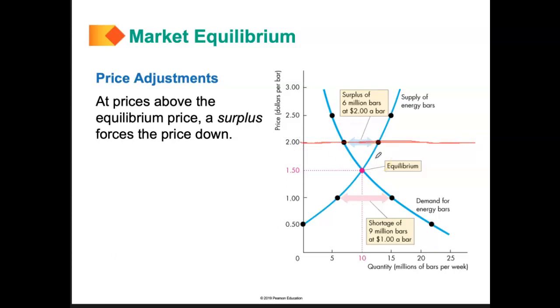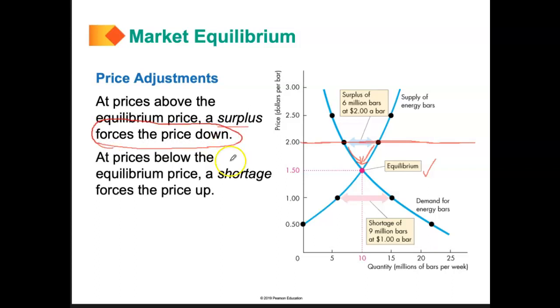Producers have more goods than they can sell, so to sell the extra goods they bid price down. As they bid price down, quantity demanded increases till buyers and sellers get to the point of equilibrium. So when there's a surplus, price is forced down till you get to equilibrium.